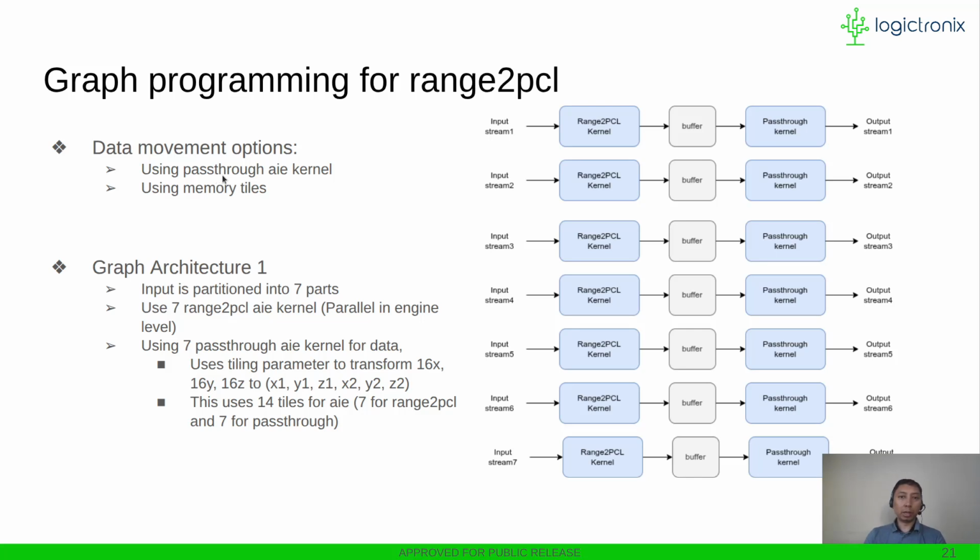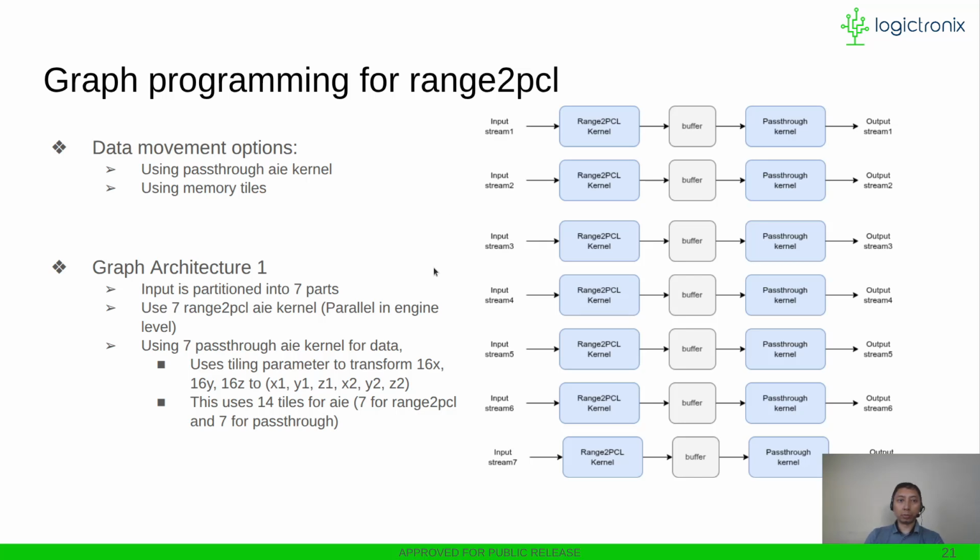And if you see here on the right side, this is graph architecture one, where we use only AI kernel tiles for processing the outputs. And in the next, second architecture, we are using another type of tile called memory tiles.